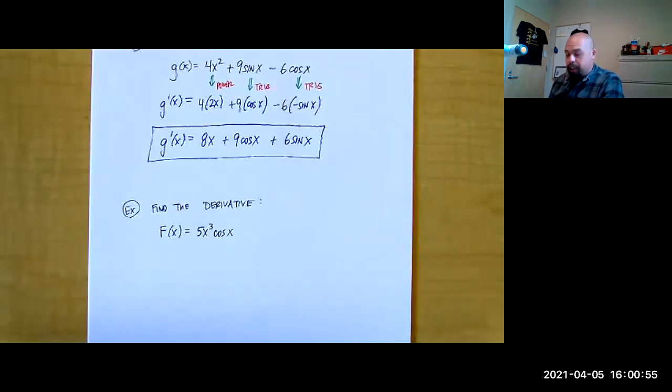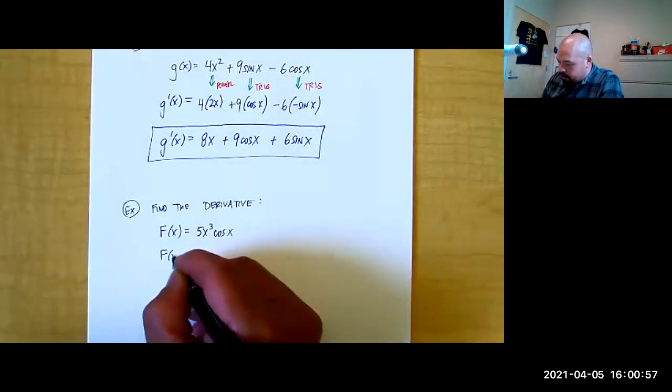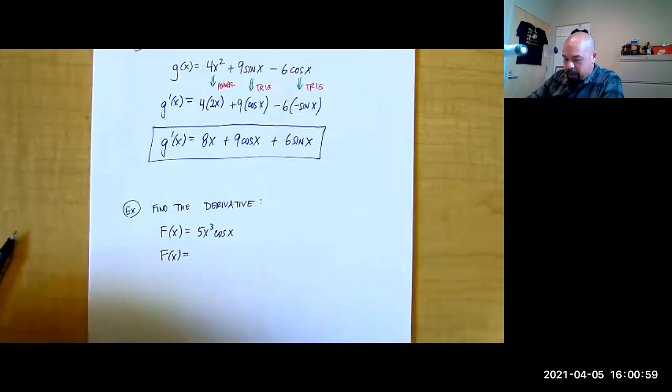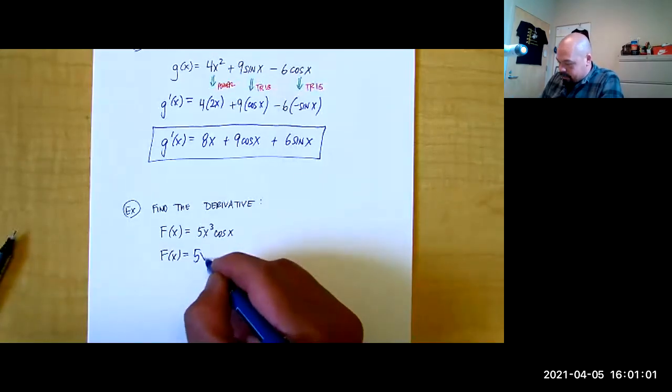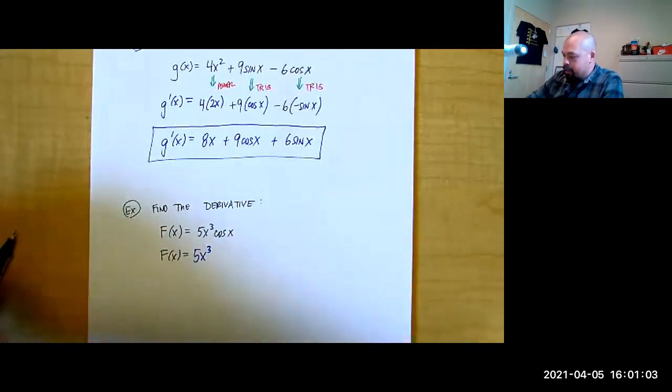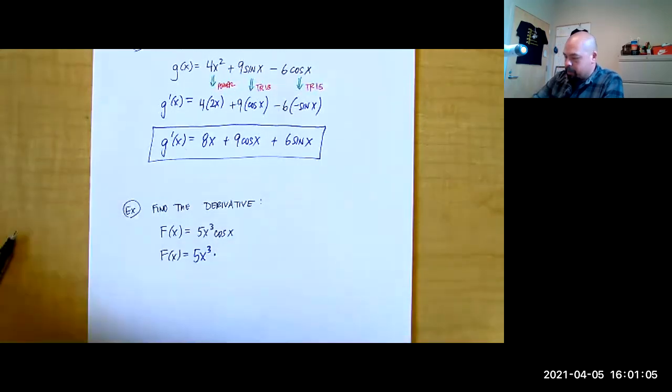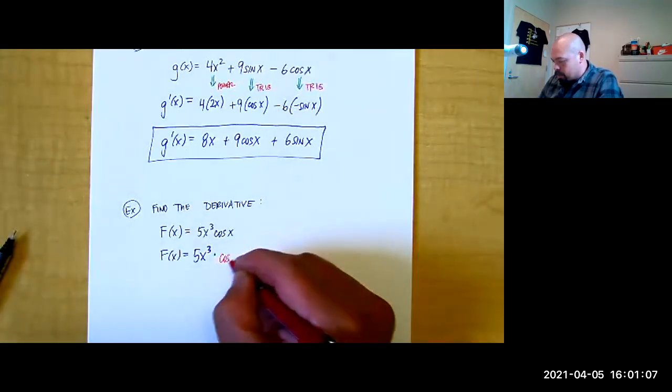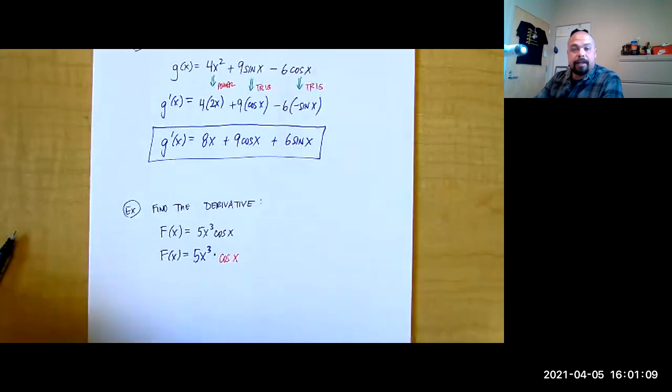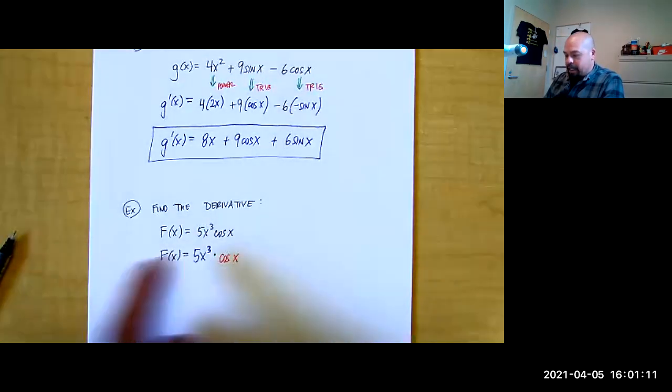So if that's our function we're trying to find the derivative of, just to really reinforce here, we have 5x cubed times the cosine of x. That's what that function is telling us.